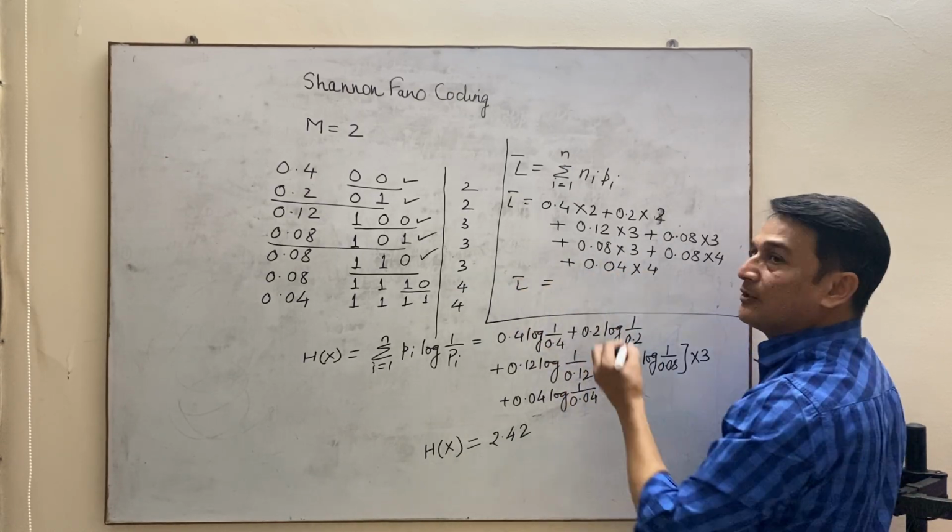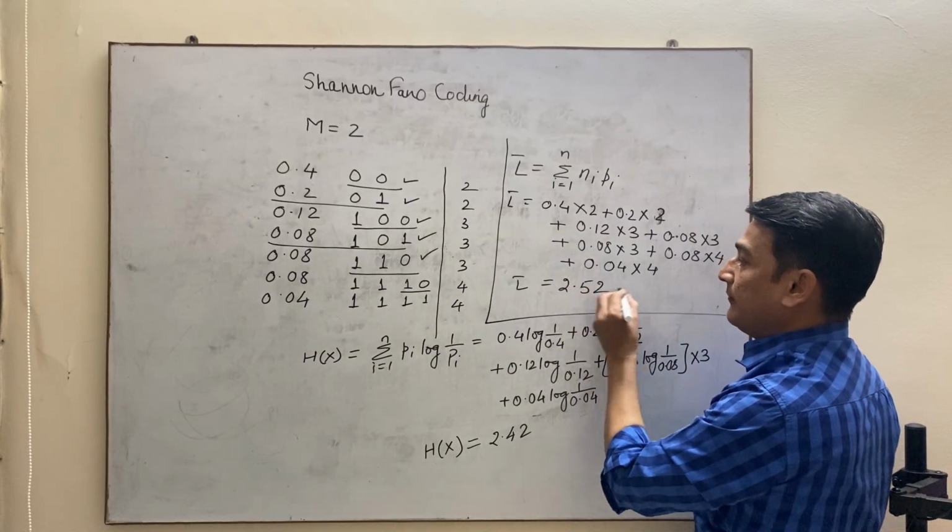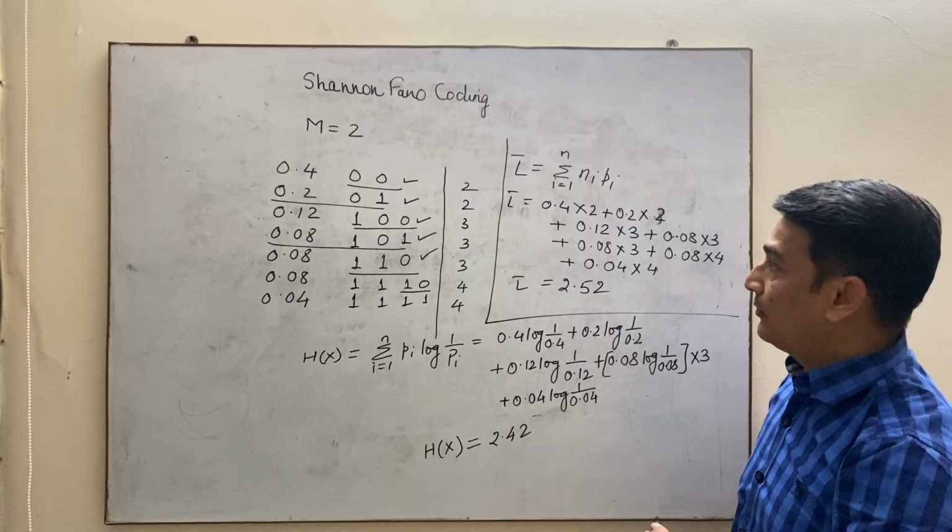So this would be your L bar, which comes out to be 2.52. This you have to calculate.